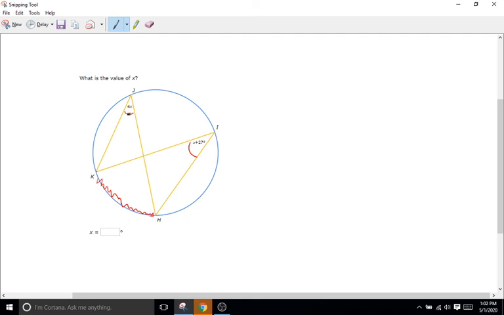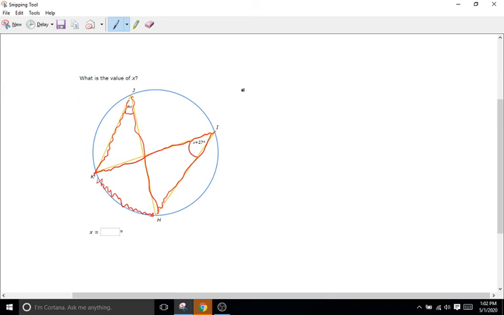If we look here, JK and HJ are connected to this arc right here. And then we see HI and IK are also connected to the exact same arc, meaning that they're both going to be half of whatever this value is, meaning they're both going to be equal.